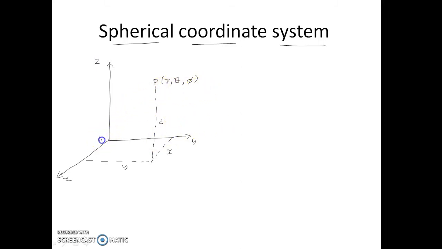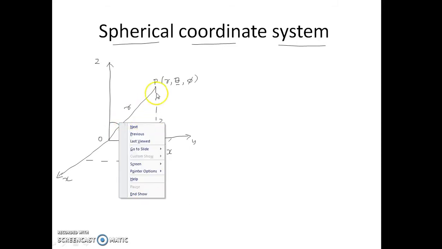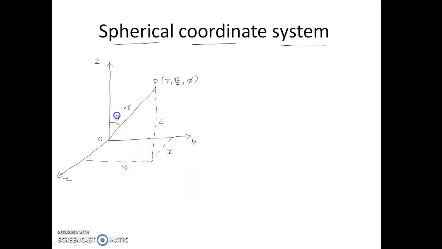So here r is the length of the vector from origin to point P. So this is r. And theta is the angle made by this position vector of point P with the positive z-axis.